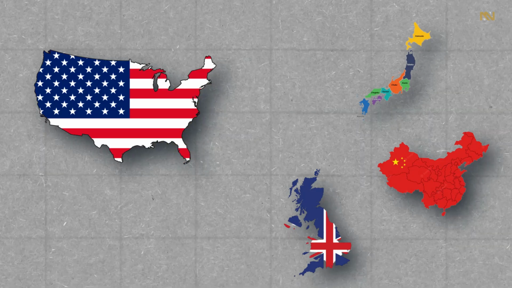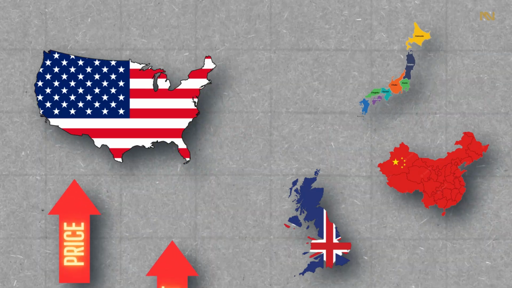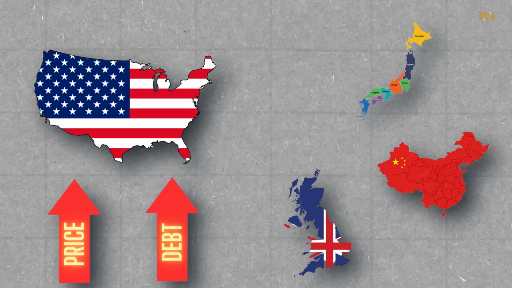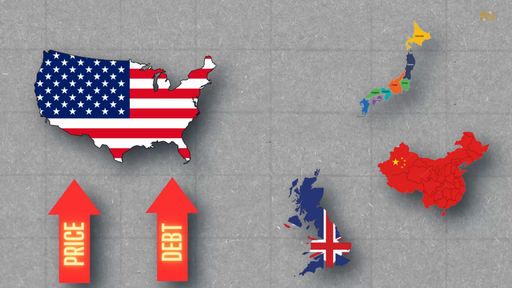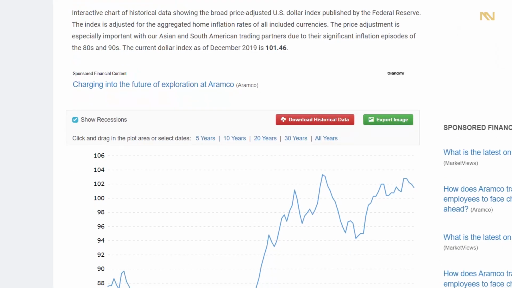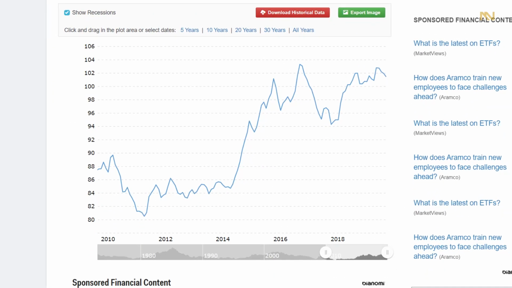So due to its price increase, their debt also increases because they need to convert their local currency into dollars and then pay the debt to the US. This increases their debt day by day. You can also see in the above graph the demand for the dollar has been increasing, so the government of the United States has full control over the dollar price. This is the main advantage that the US has in international finance.